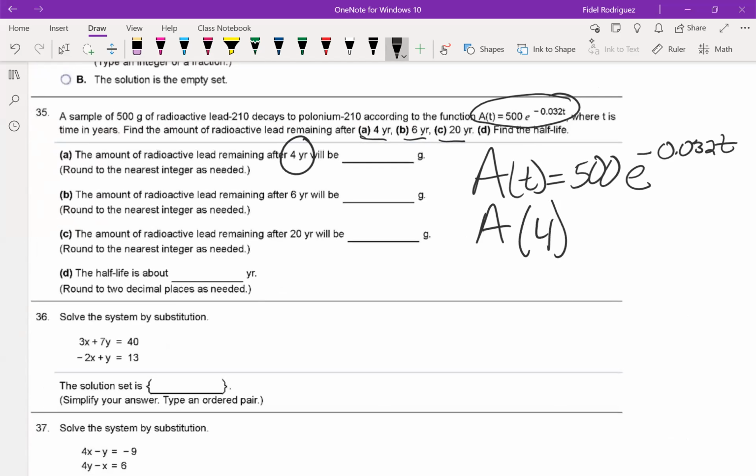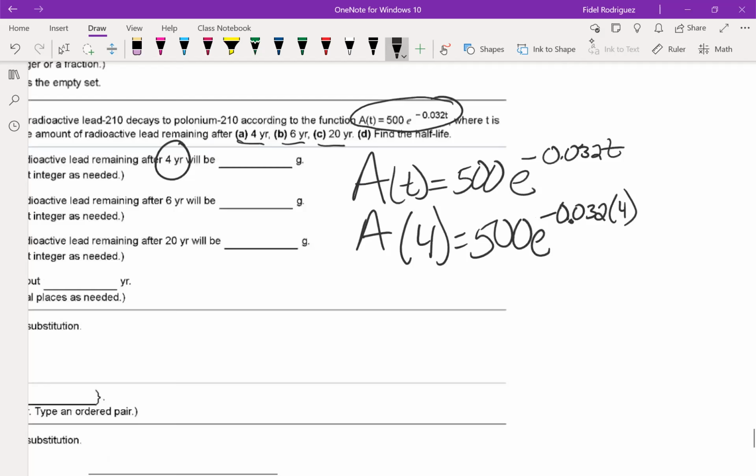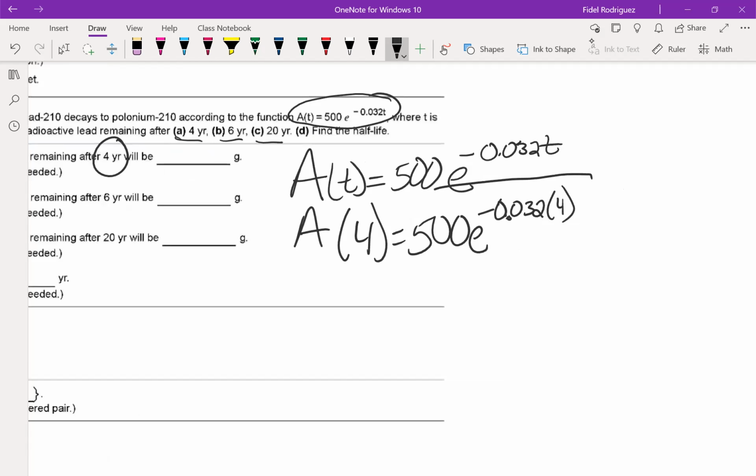So everywhere I have the letter T, I'm just gonna plug in the number 4. Now, I'm gonna zoom in here because I want you to see something. This piece right here is the part where I'm gonna end up using my calculator, and exactly the way I have it written down is exactly the same way you're gonna do this on your calculator.